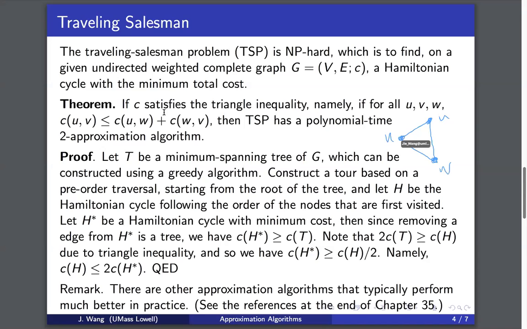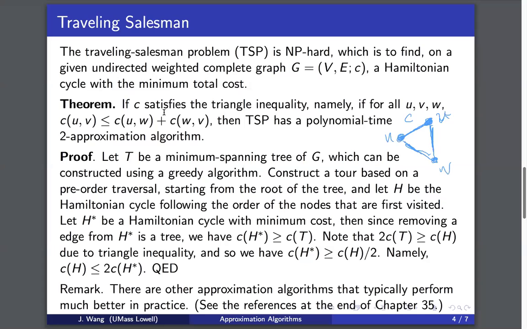Now you think of the cost as a distance. If the cost of this edge UV is smaller than or equal to the cost of UW plus the cost of VW, then we say that this cost function C satisfies the triangle inequality. If this cost is a distance, we know that it satisfies the triangle inequality.